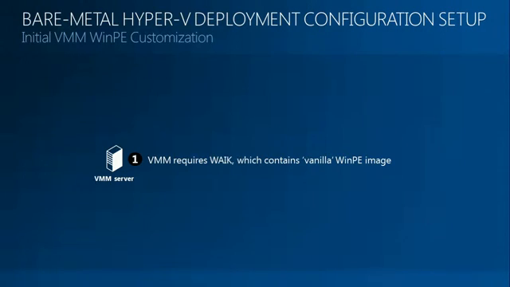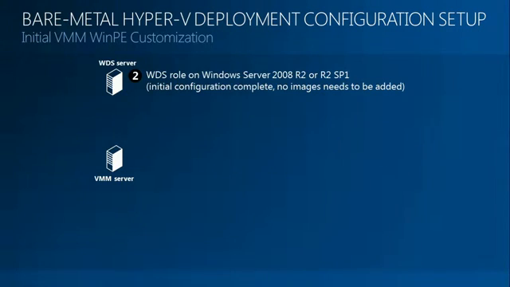So you install VMM, and after that you need to enable the Windows Deployment Services role on any of the Windows machines that you have. Once you enable this role, it asks you for a very simple configuration at first in order to start it.